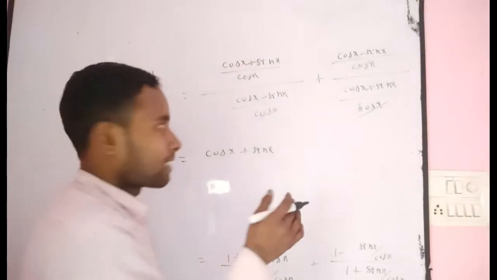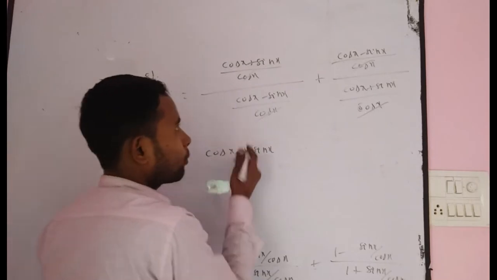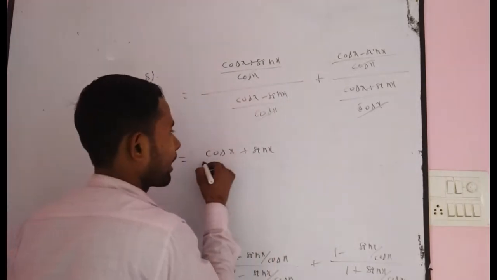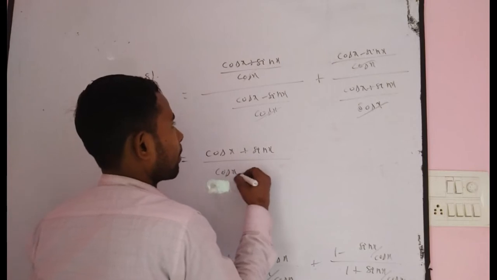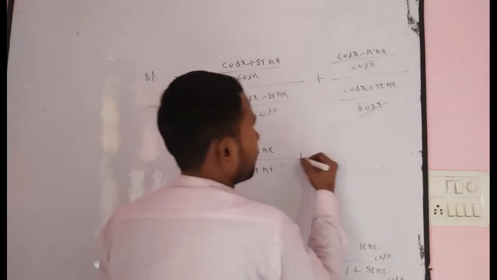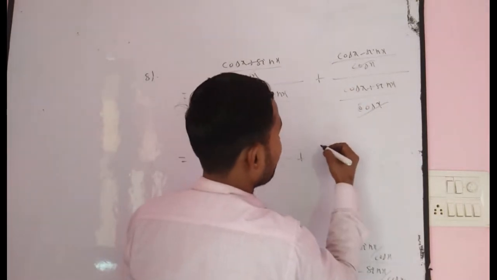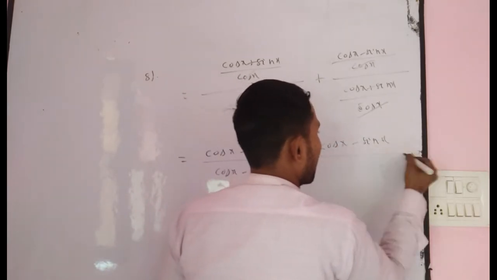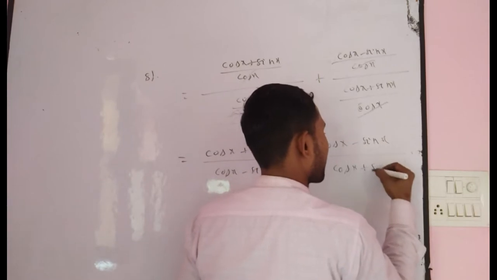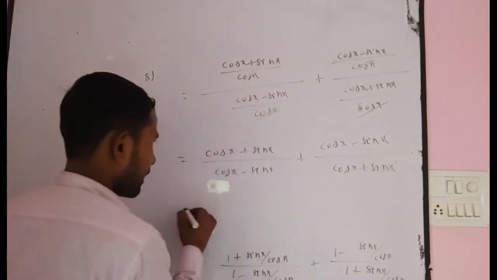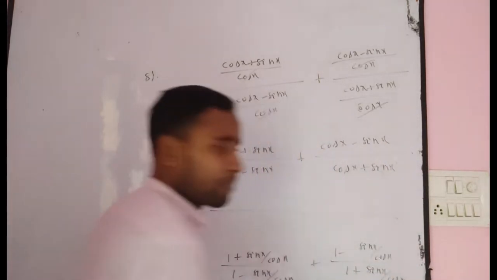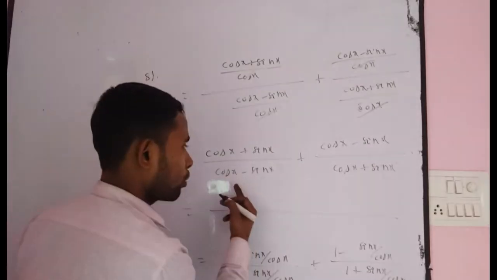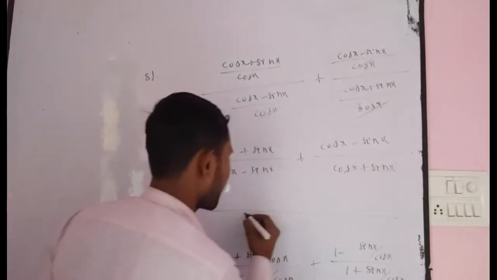I want to write it directly. If you take LCM, here it becomes cos x minus sin x divided by cos x plus sin x. The LCM is cos x minus sin x into cos x plus sin x.